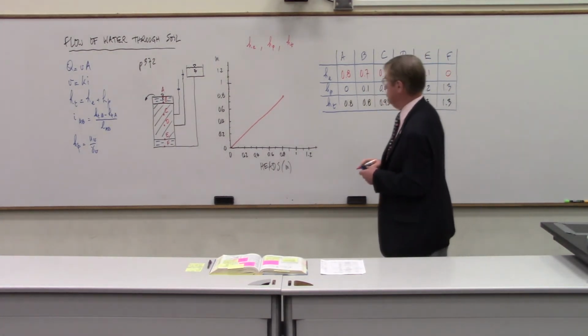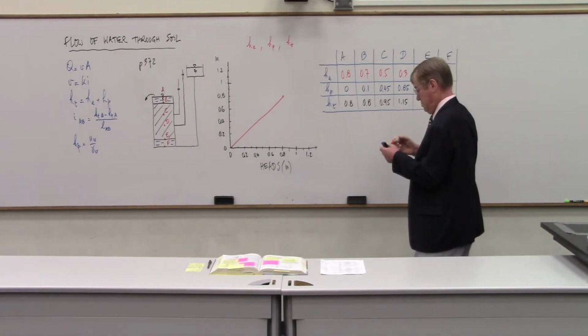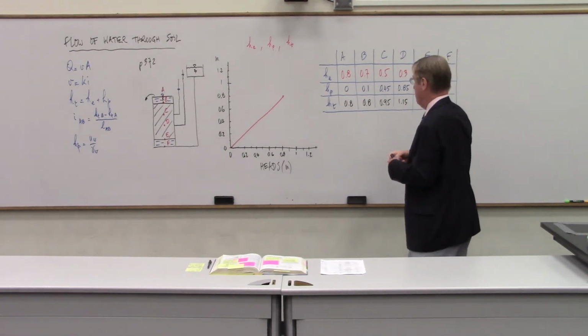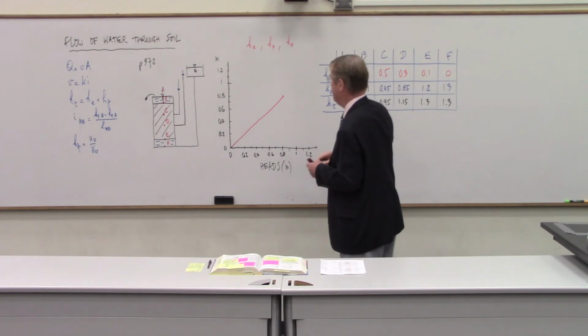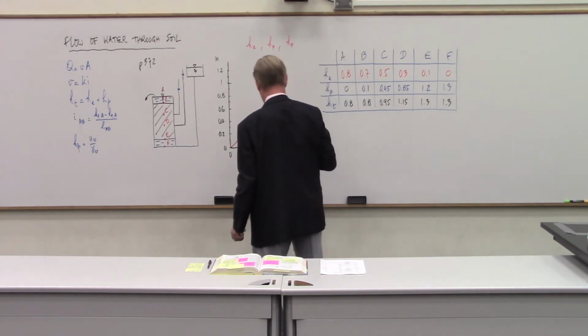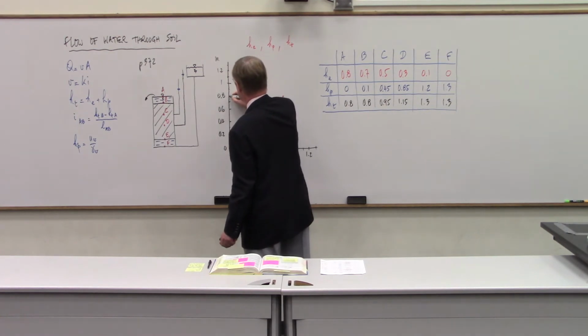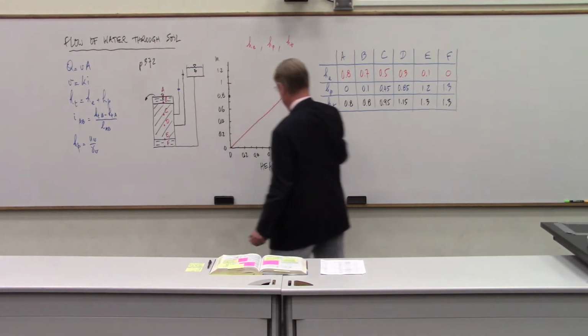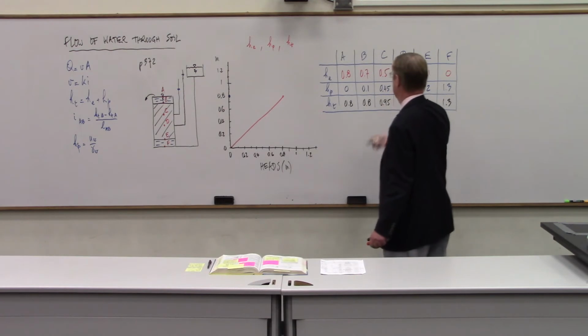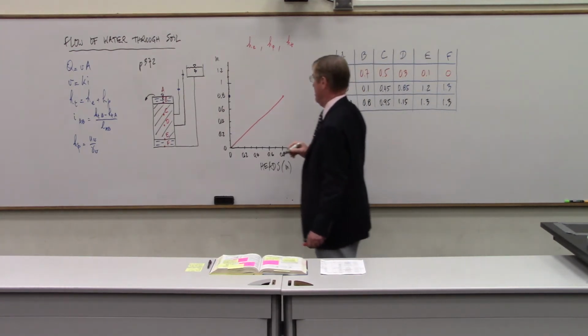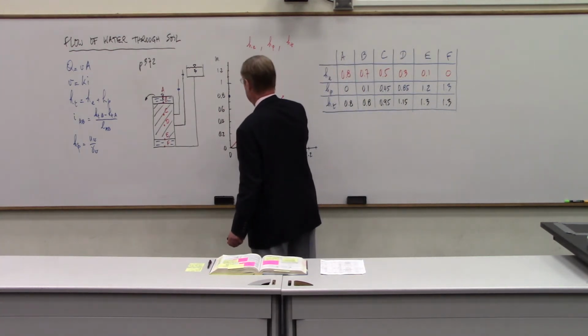And then we're going to do the pressure head. The pressure head was in blue. At A, I've got 0 pressure head. And then at B, I've got 0.1, right here.